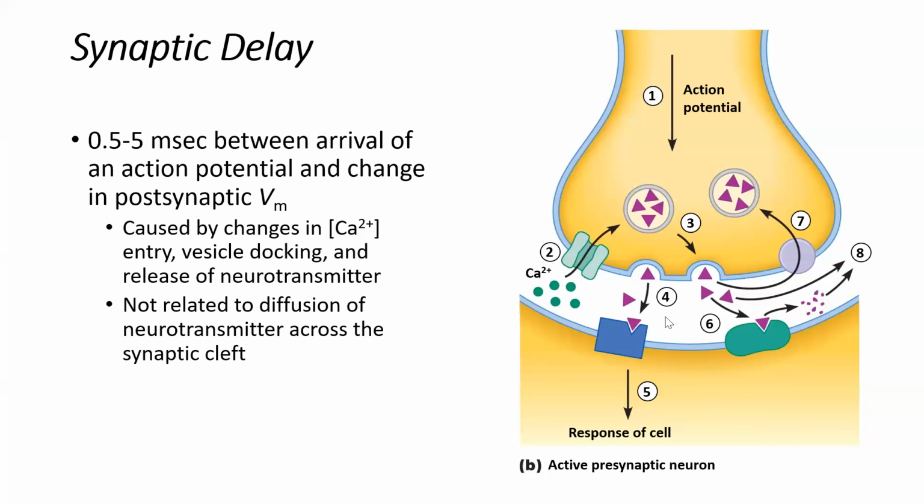Diffusion occurs pretty rapidly, but what it is due to is the exocytosis process, the docking of the vesicle, the fusion of the vesicle membrane, and then the dumping of that neurotransmitter. Okay, that is where we see that delay.